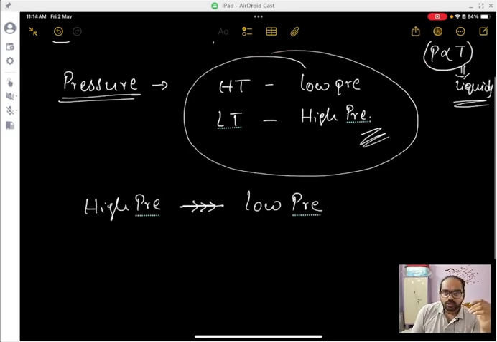Due to this temperature induced pressure, a gradient develops, that is high pressure areas and low pressure areas, and pressure travels from high pressure areas to low pressure areas, setting the air in motion. Due to this pressure gradient, air was set in motion, and while the air is set in motion, it is called wind.